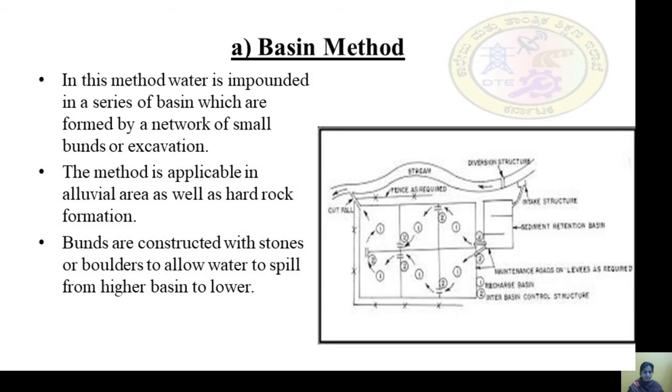In this method, water is impounded in a series of basins formed by a network of small bunds or excavation. The method is applicable in alluvial area as well as hard rock formation.